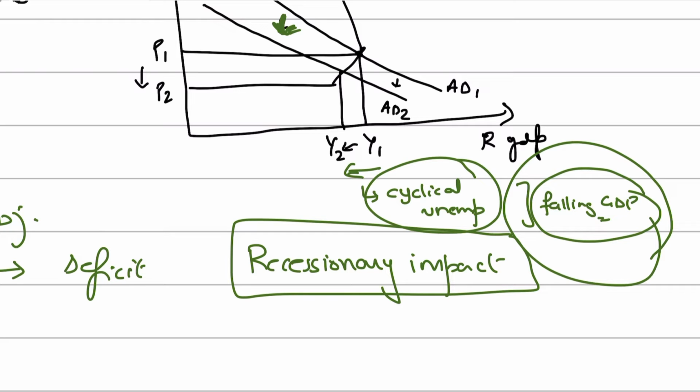And again, falling GDP reduces the potential for economic growth. It reduces actual growth, and then it creates a lot of spare capacity in the economy, and it's not a good sign if you want to attract foreign direct investment, because it also results in a fall in foreign direct investment as well.